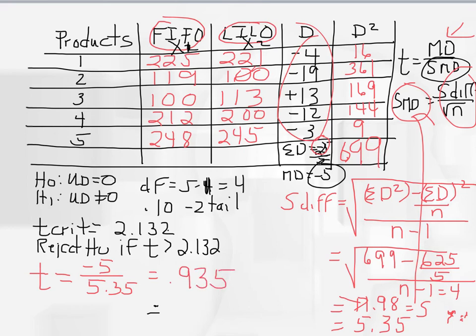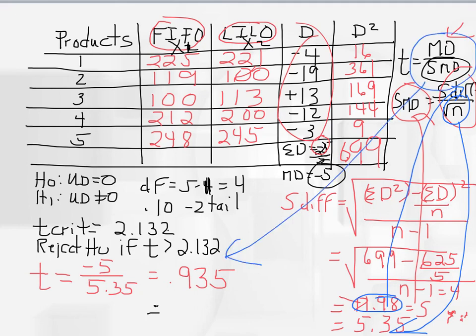So again, we took our standard deviation of the differences, which is right here. We divided 11.98 by the square root of n, and we got 5.35. And to get our t-value, we took minus 5, which is our mean difference. We're looking at this formula here. And we divided minus 5 by the standard error of the mean difference, 5.35. We got a t-value of 0.935.